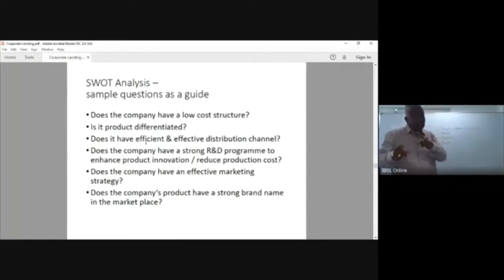If the answer for this question is no, then it is a weakness. Then how can we improve it? The company has to make an effort to improve from this weakness.